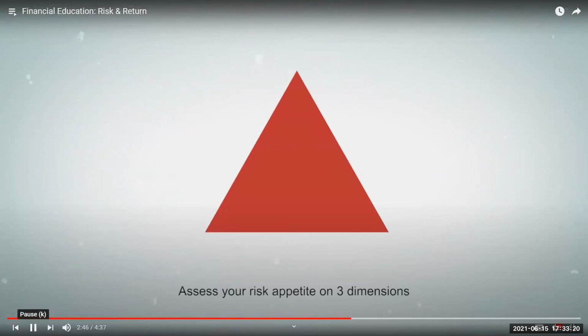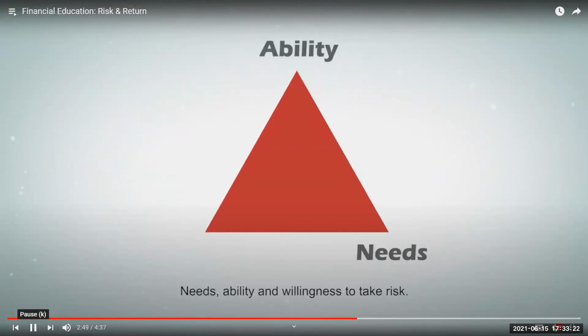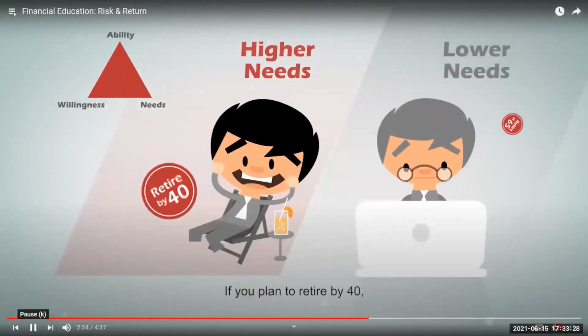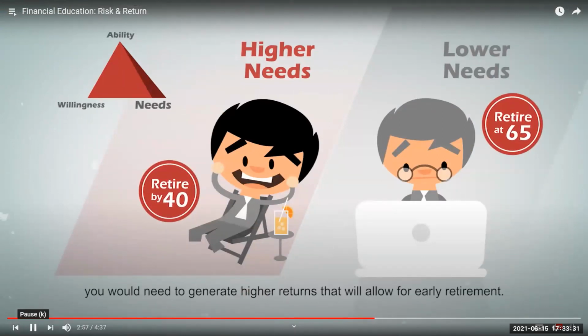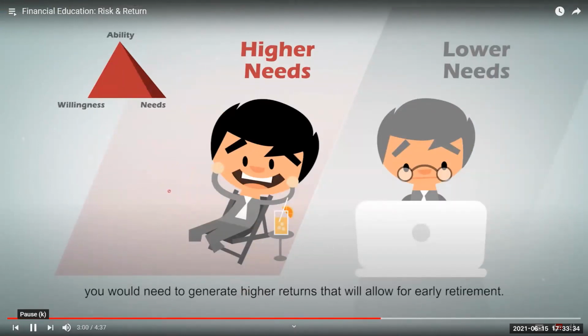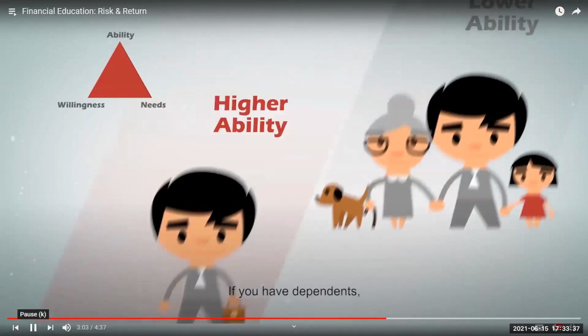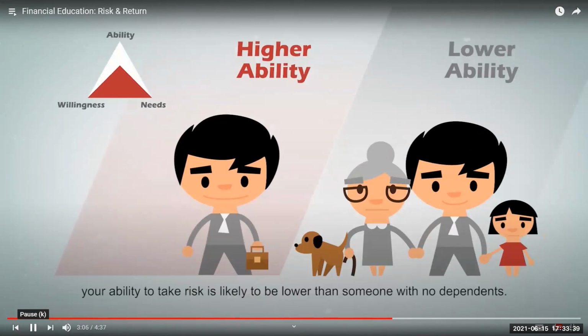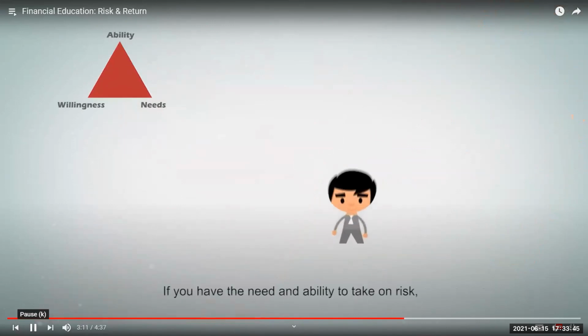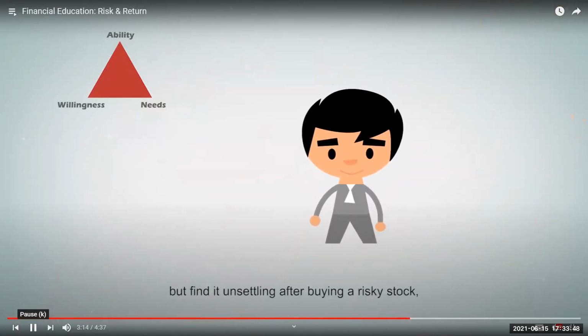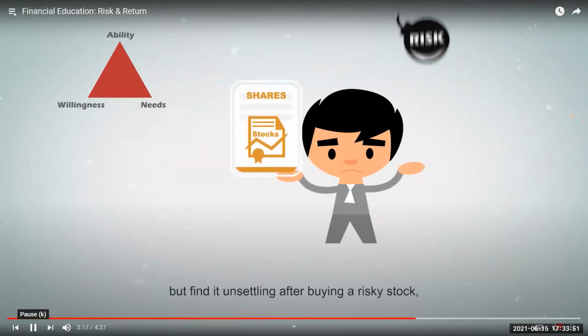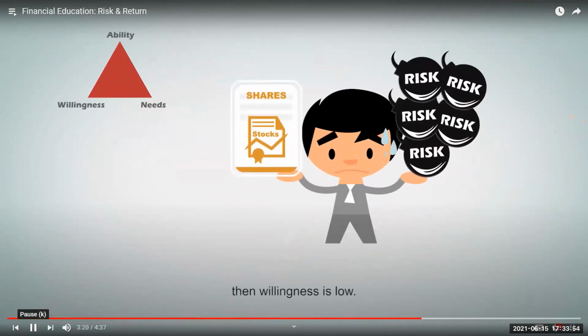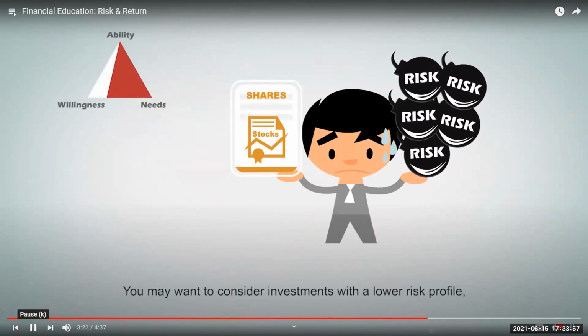Assess your risk appetite on 3 dimensions: needs, ability, and willingness to take risk. If you plan to retire by 40, you would need to generate higher returns that will allow for early retirement. If you have dependents, your ability to take risk is likely to be lower than someone with no dependents. If you have the need and ability to take on risk, but find it unsettling after buying a risky stock, then willingness is low. You may want to consider investments with a lower risk profile such as investment grade bonds.